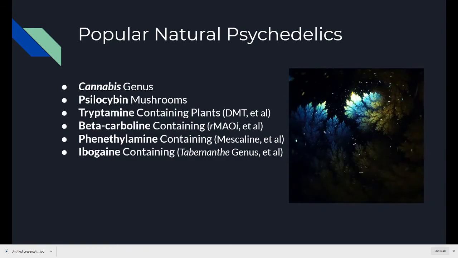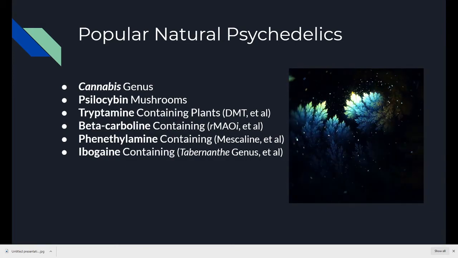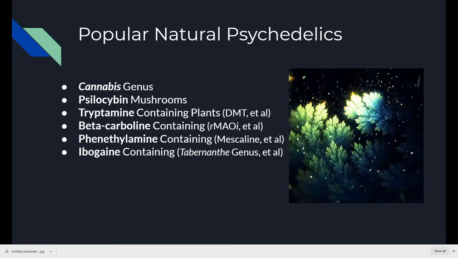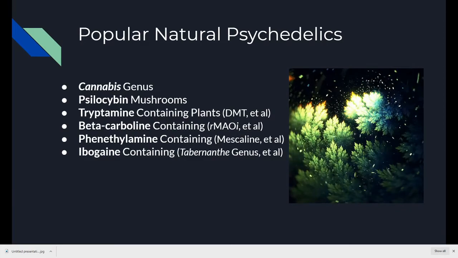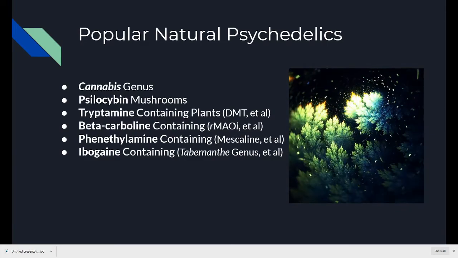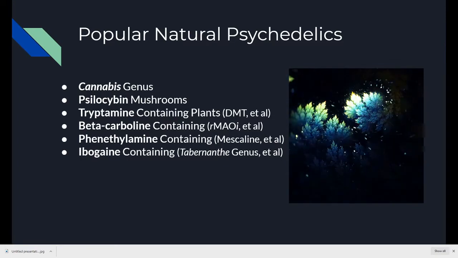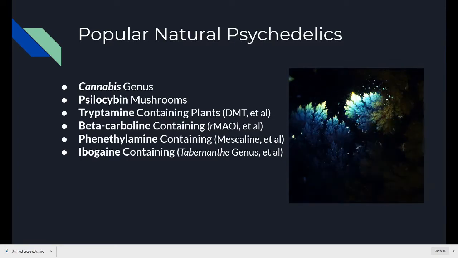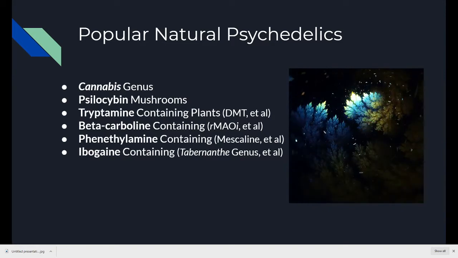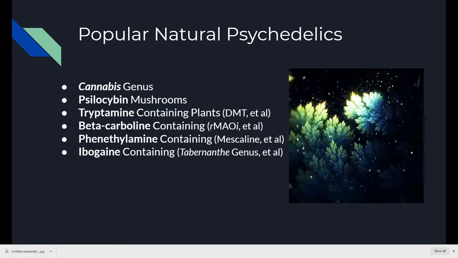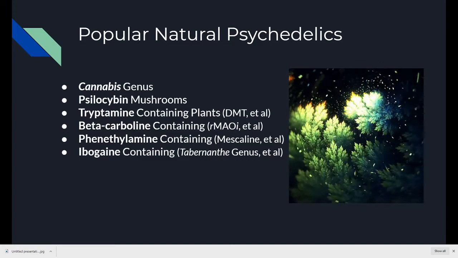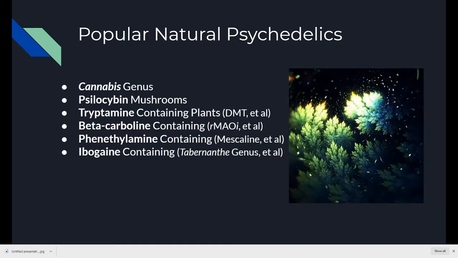These are your peyotes, your San Pedro cactuses, and other mescaline containing cacti. And then finally, one of the most exciting but least known about is iboga or ibogaine containing plants. And this is just one genus of plant. So this is a very special plant, and we'll talk about it at as much length as we can at the end.